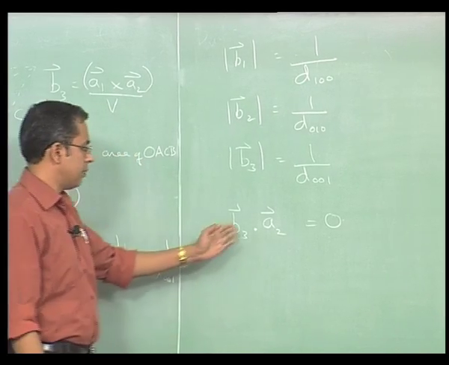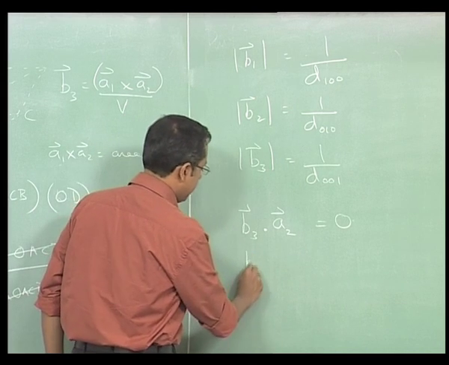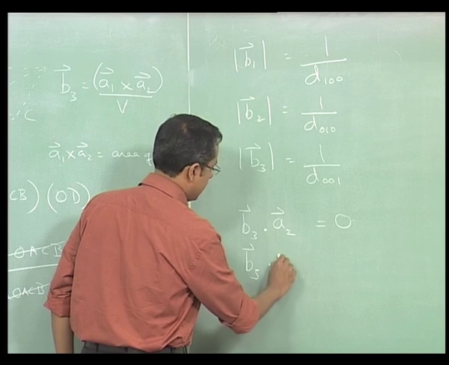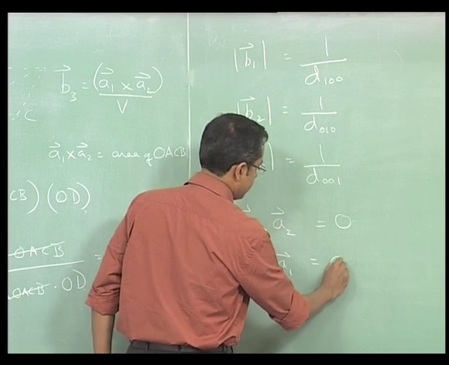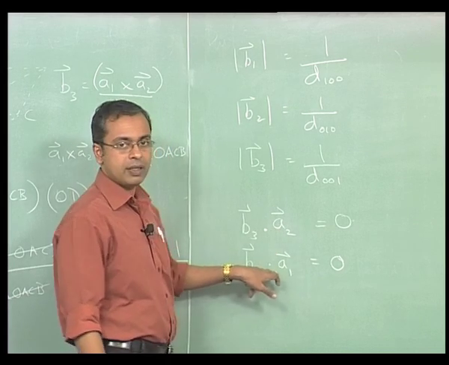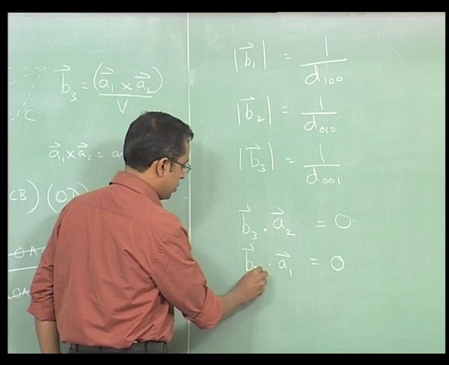So by definition there will be a cos 90 degrees which shows up here, therefore this is 0. Similarly B3 dot A1 equals 0, because B3 is perpendicular to both A2 and A1 simply based on how we have defined it, that is all it is, okay. So therefore these two are 0.